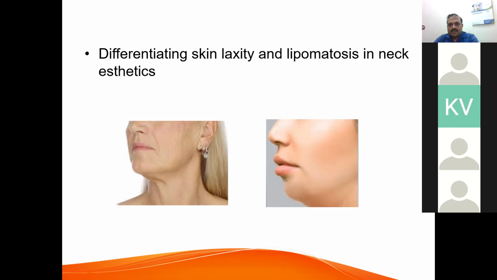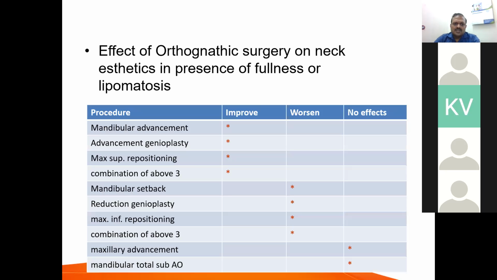There are certain procedures that will improve neck aesthetics, for example mandibular advancement, genioplasty, and maxillary superior repositioning, or any combination of the three. The reverse procedures, like mandibular setback, reduction, and maxillary inferior repositioning, can worsen it.